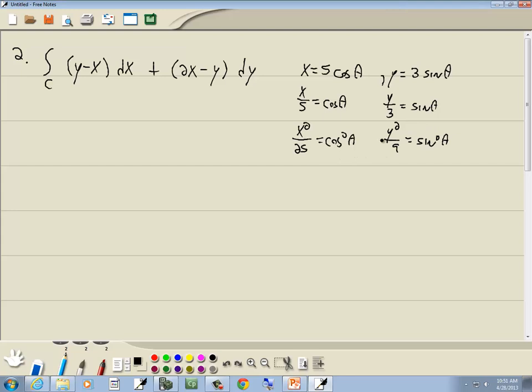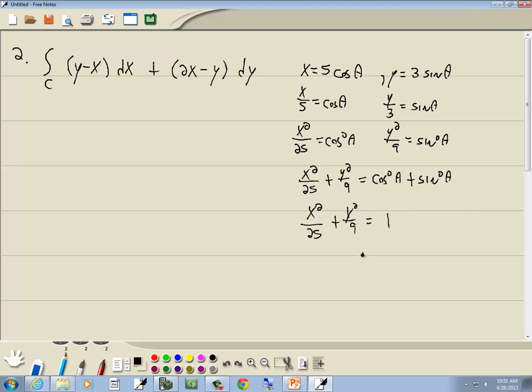Now we can add the left sides of each equation together, so I've got x squared over 25 plus y squared over 9. And we can add the right sides together, so we've got cosine squared plus sine squared, which is equal to 1.